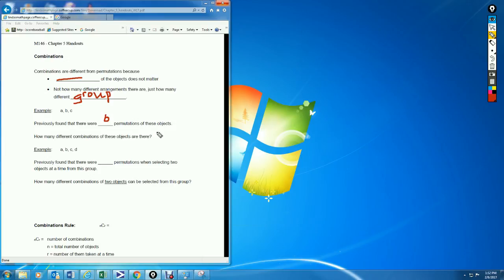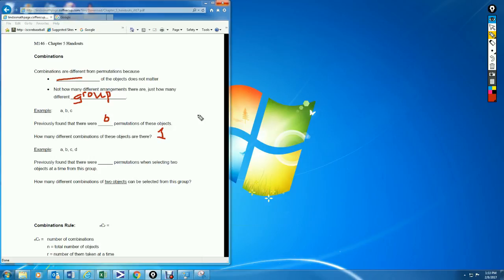Kind of a trick question, really, if you think about it, because I don't care what order they're in. I'm basically just throwing all 3 letters into a bag. There's only one different combination, just the group of the letters A, B, C. I don't care what order they are in, okay?